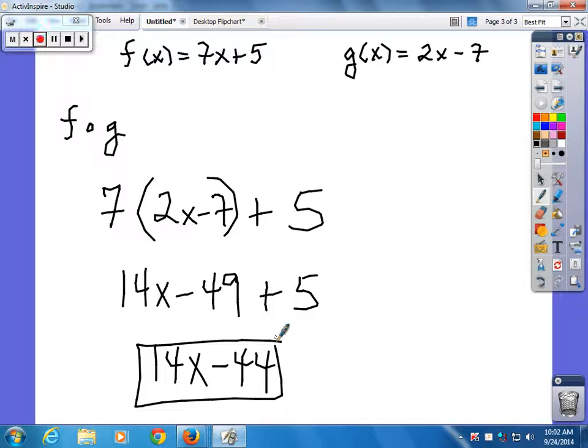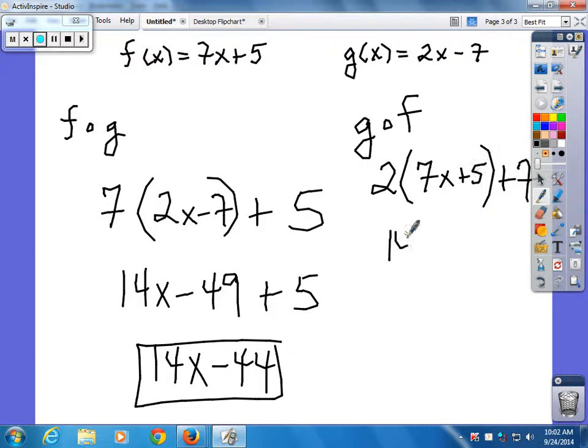Now do g of f. So I'm going to rewrite G in terms of big what? Parentheses. And what am I going to plug in? 7x plus 5.